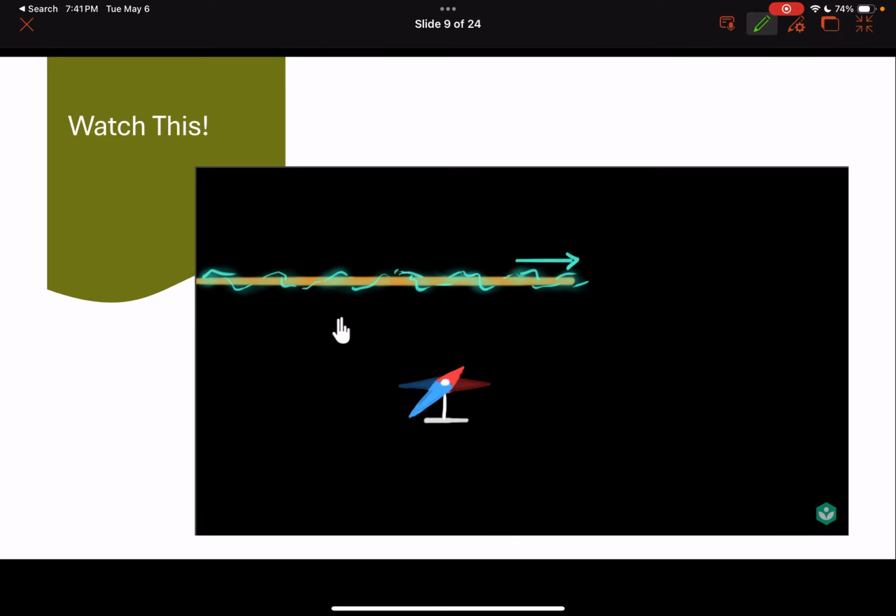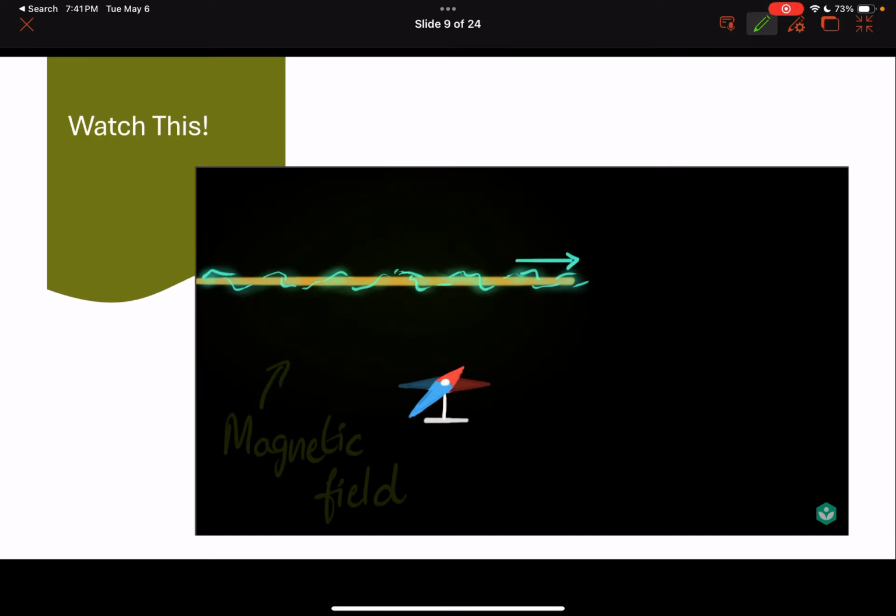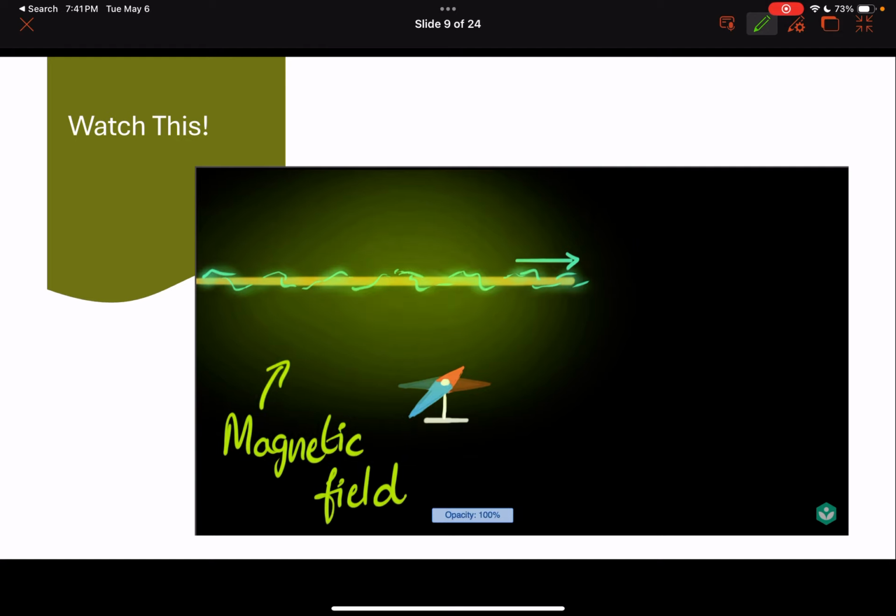But over here, there aren't any magnets nearby. So who is creating a magnetic field that is deflecting this compass? Well, because the electric current was responsible for this deflection, maybe electric current produces a magnetic field around it.